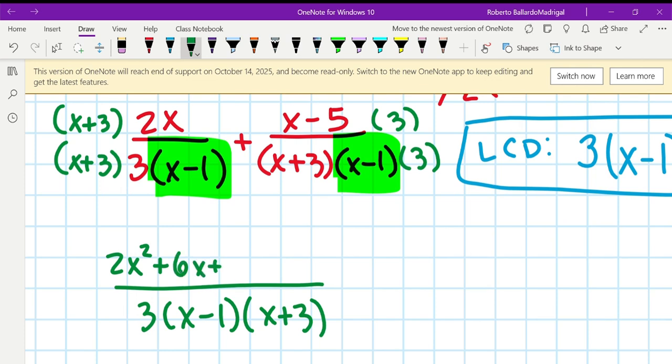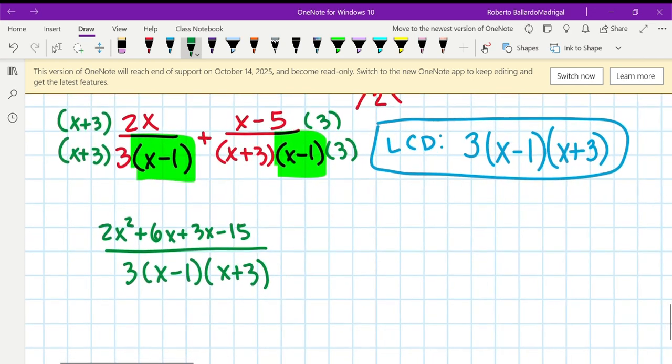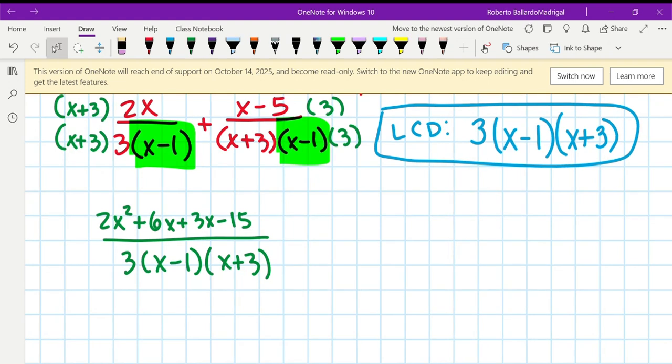And then 3 times x is 3x. And 3 and negative 5 makes negative 15. So this is what we end up getting. That is your new trinomial.